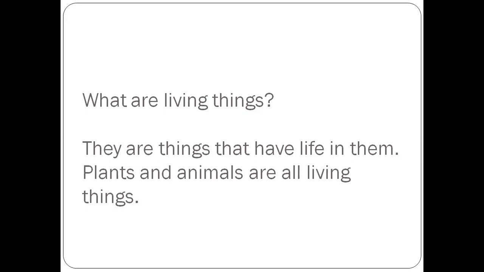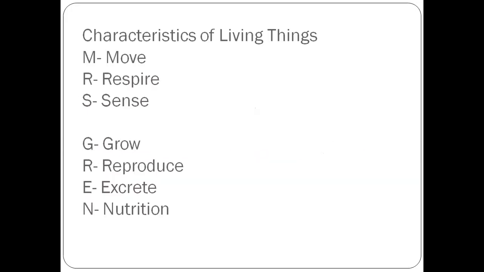Is that okay? Together we are going to learn why plants are living things. We are going to look at these 7 life processes. I have made it easy for you. These are called mnemonics, okay? They are the initial letters of the characteristics of living things.